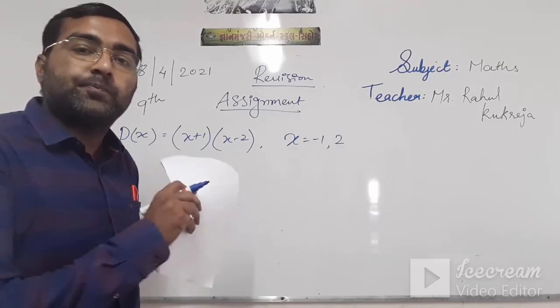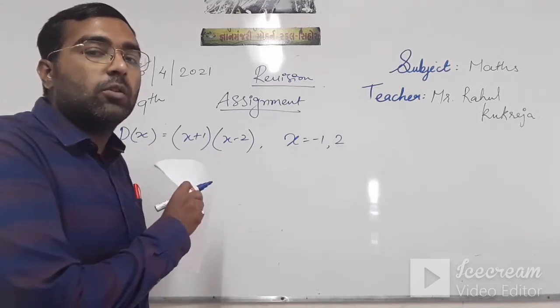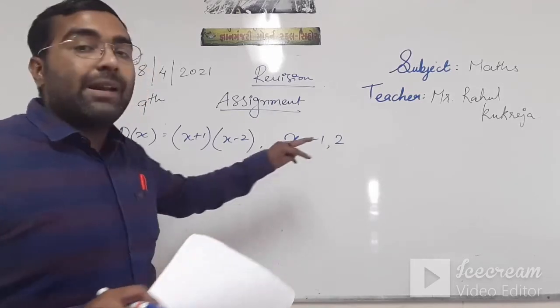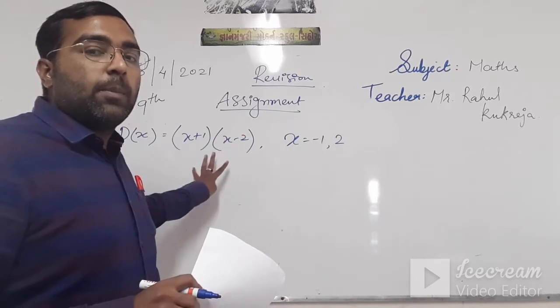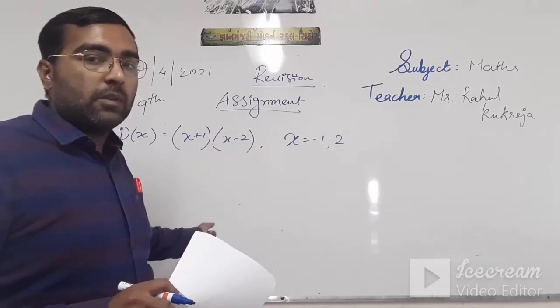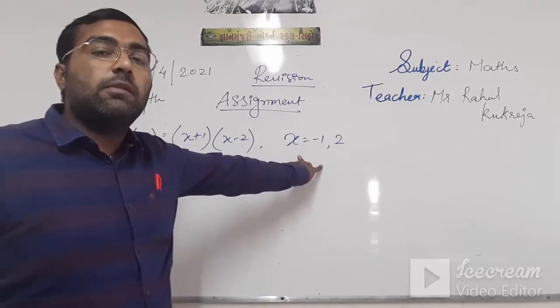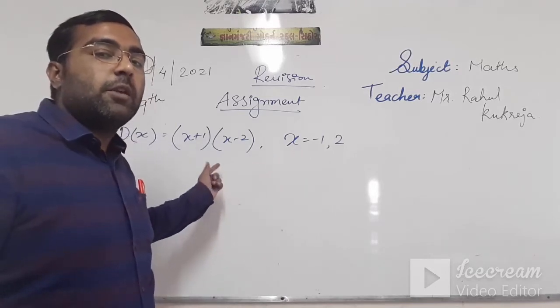आपको यहाँ पे x की वैल्यू रखनी है दोनों इस इक्वेशन में, पहले -1 रखना है और उसके बाद 2 रख के देखना है कि अगर आपको इसका आंसर 0 आता है, then both of the values are the zeros of the polynomial.